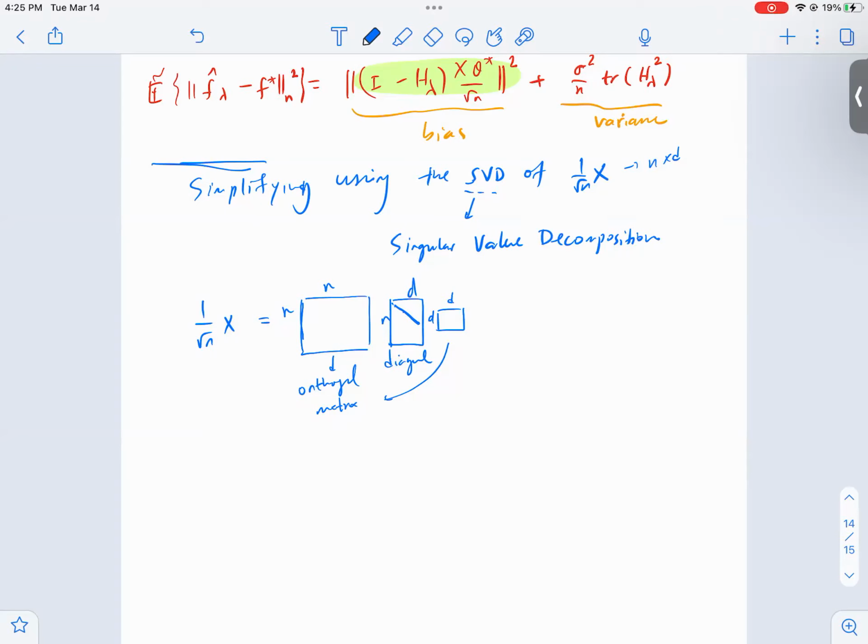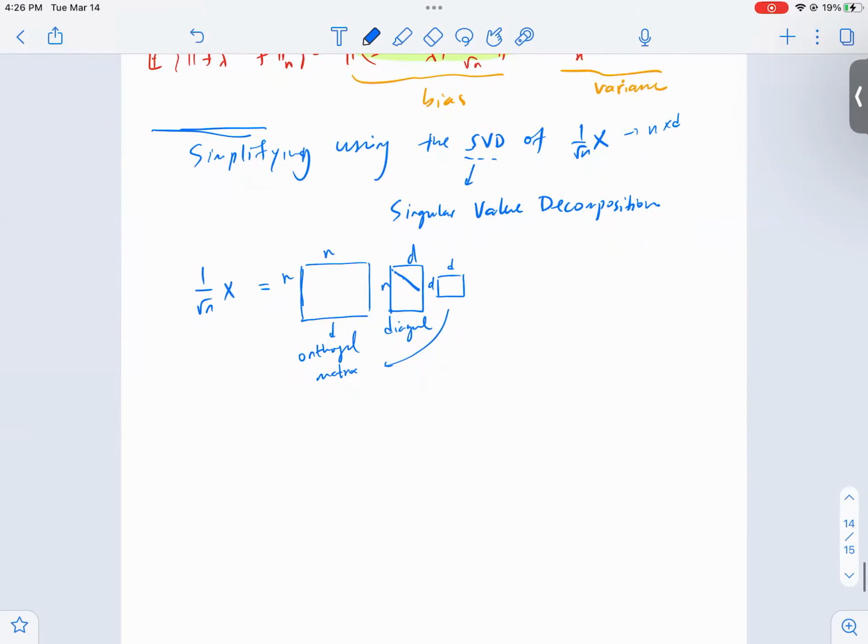These are called left singular vectors of the matrix. The columns of this would be right singular vectors. These diagonal non-zero elements are called singular values. Columns being orthonormal is equivalent to saying U transpose U is equal to the identity.